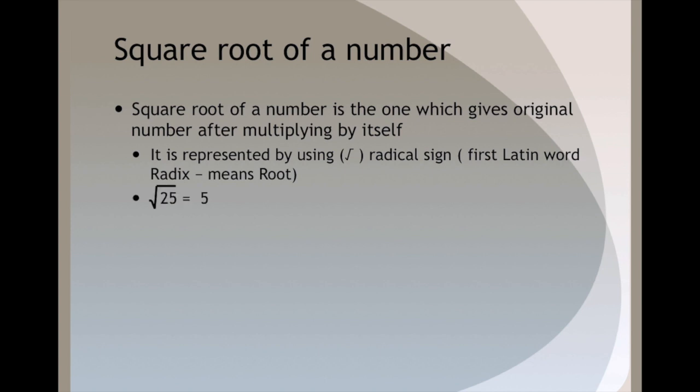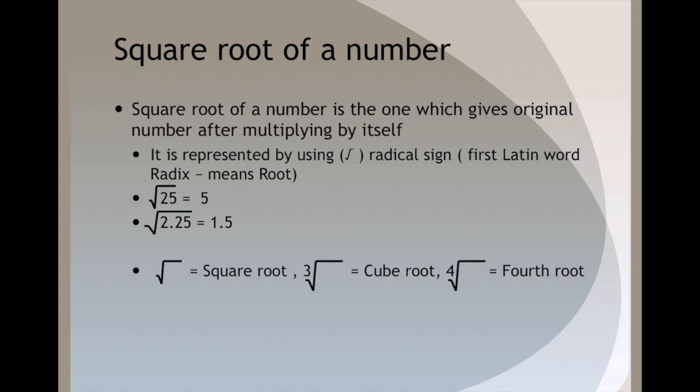The square root of 25 is 5. If you multiply 5 with 5, the original number 25 comes. Similarly, the square root of 2.25 is 1.5. There are many different types of roots we need to find, and that's how we represent them.